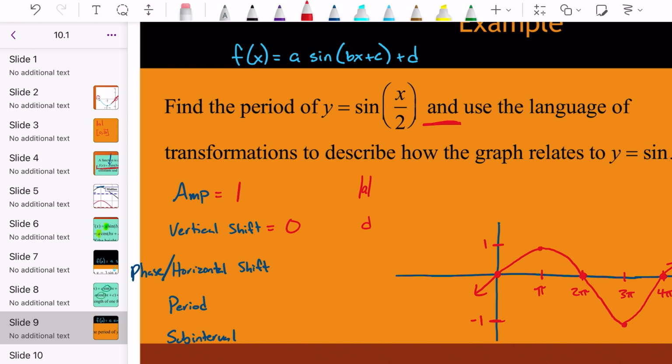Remember, the horizontal shift is figured by getting negative c over b. In this case, it would be 0. Now, once we go over to our period, remember the period is determined by getting 2 pi over b.